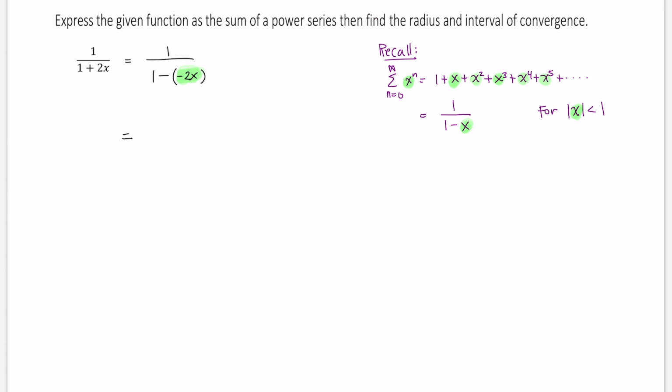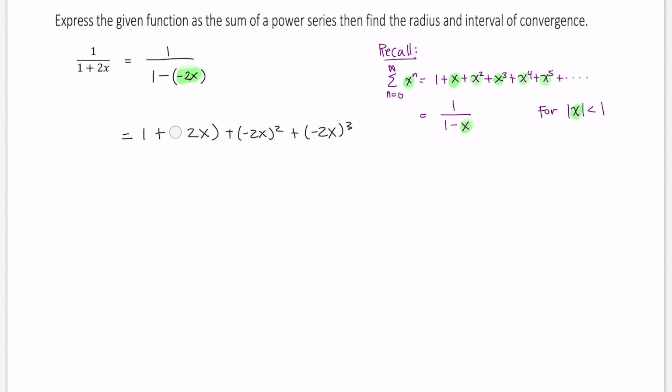Now, you can jump straight into writing this as a series. But for beginners here, I'm going to do one more example where I write out the first few terms. This is 1 plus negative 2x, and I do this just to help everyone get used to what these look like when they're expanded and used to recognizing patterns. Plus negative 2x squared plus negative 2x cubed.